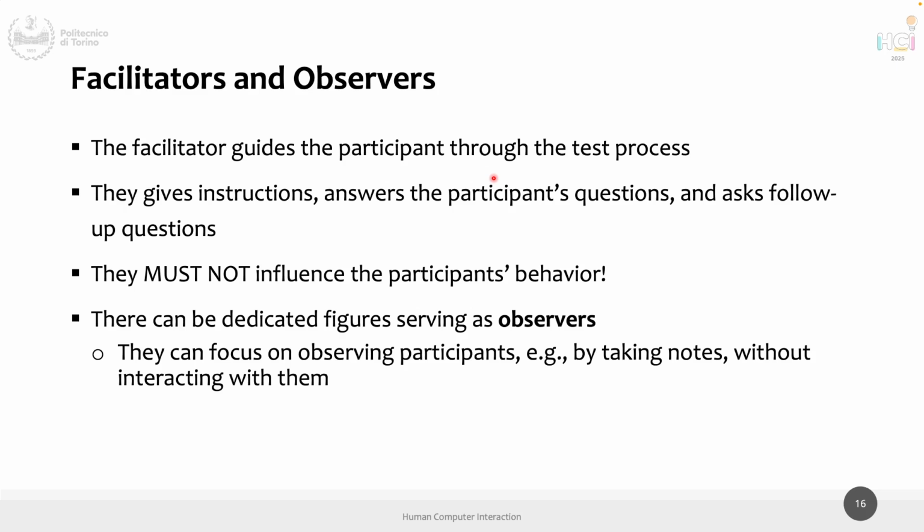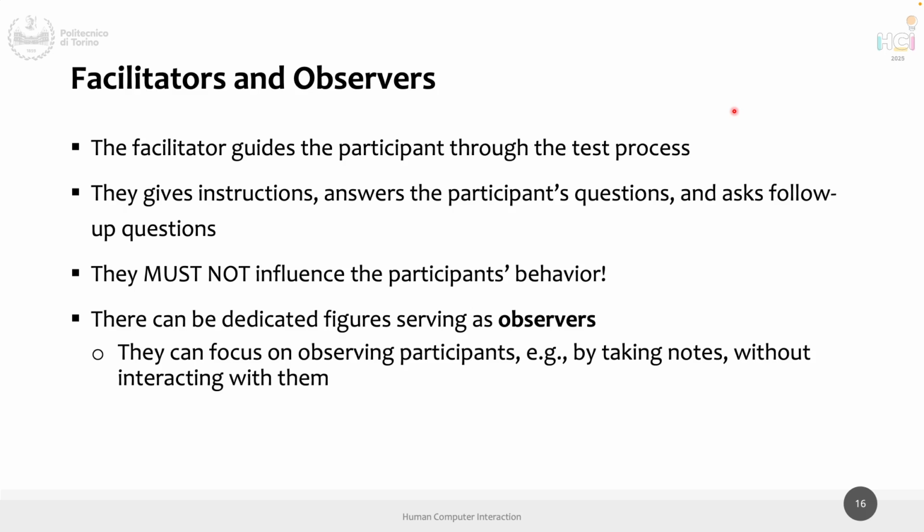The facilitator instead guides the participants through the test process, through each session, gives instructions, answers any participant's question, and can also ask follow-up questions at the end of the session. Most important, the facilitator must not influence the participant's behavior. They are there to facilitate, to guide: introduce the session, introduce the task, give the task to the user, and then shut up until the task is done or until the participant has any question.